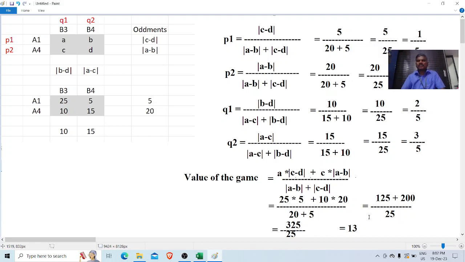Using the method of oddments, we have derived 4 formulas for calculating these probabilities, and substituting the values we have identified the probabilities of using these strategies by firm A and firm B. Next, we wanted to calculate the value of the game. Again, we derived the formula from the values of these oddments, and finally we got that the value of the game is 13. So this must be a potential 10 mark question.